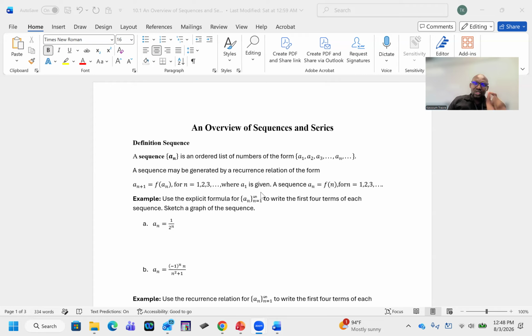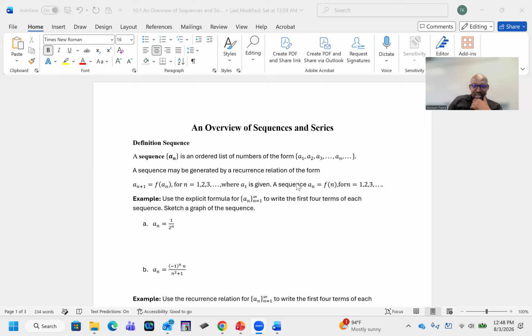So the first term will always be given to you. So A1, A2, A3, those are called terms, okay? And a sequence A sub n is equal to f(n) for n equal to 1, 2, 3.